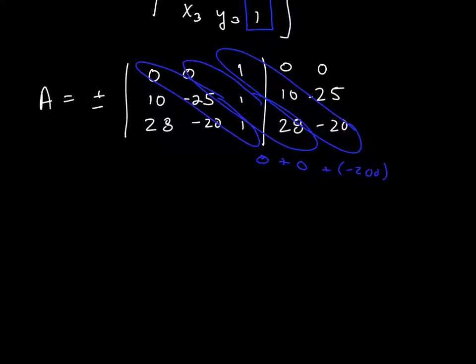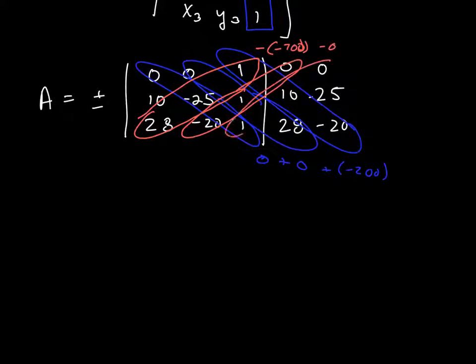Now I'm going to subtract going up. So I have 28 times negative 25, but I subtract that, so that's a minus a negative 700. This next one, 20 times 1 times 0, is just a 0. And that last one again is minus 0.